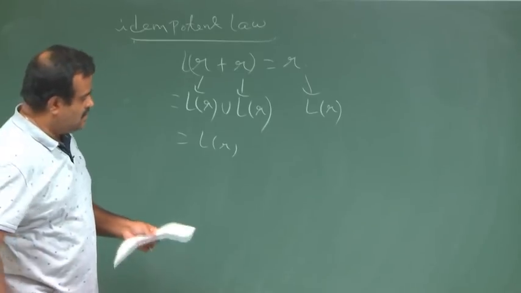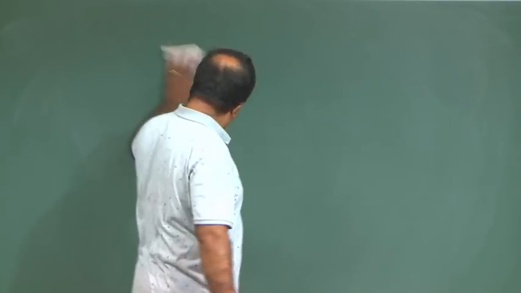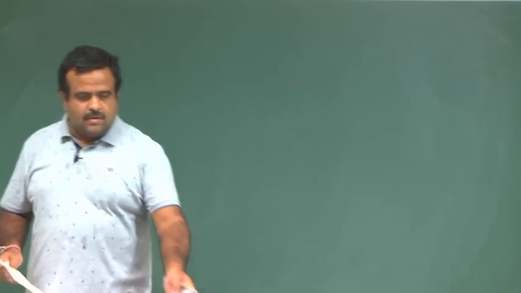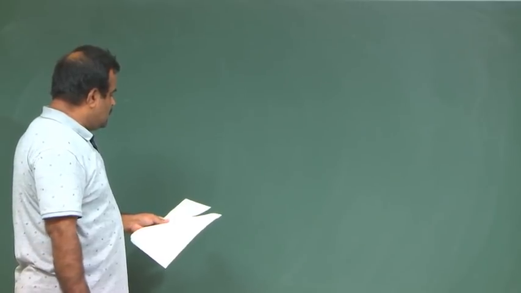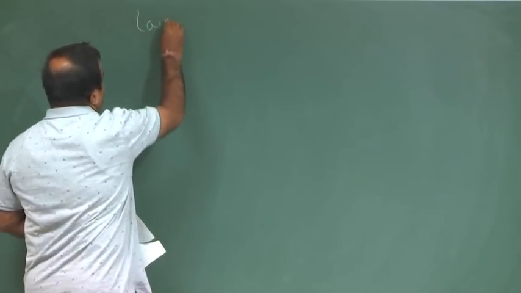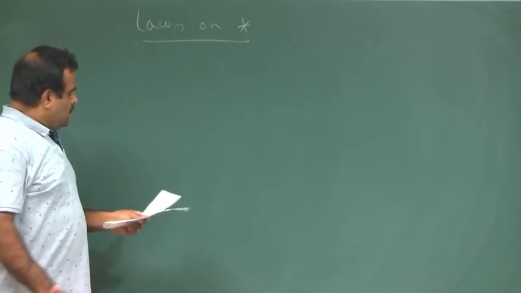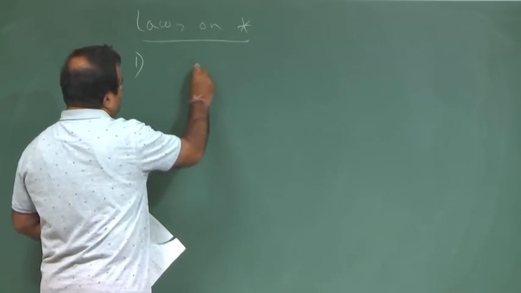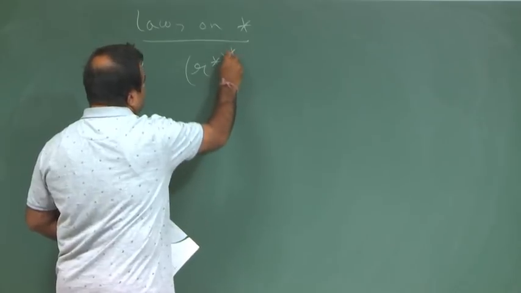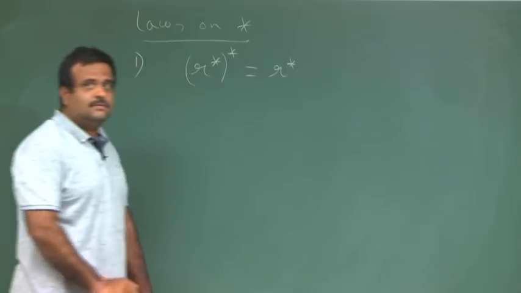Then we will see some properties with star. The first property: if R is a regular expression, then (R star) star is equal to R star.